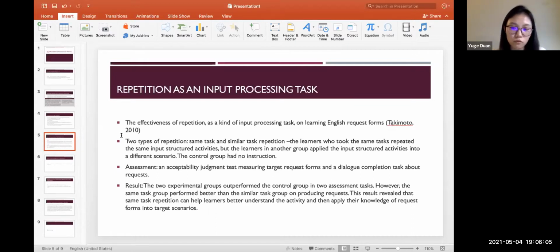And also a control group is included here, and students in this control group received no instruction at all.